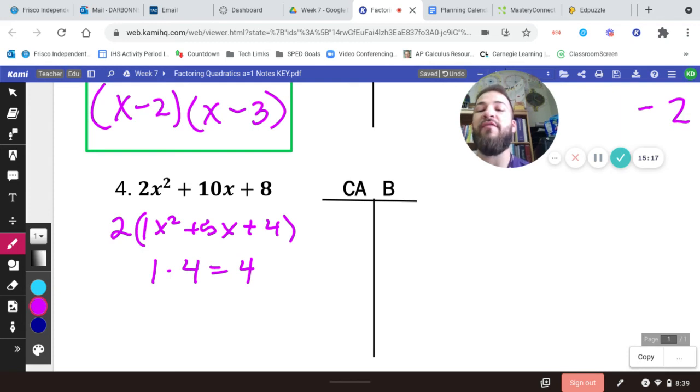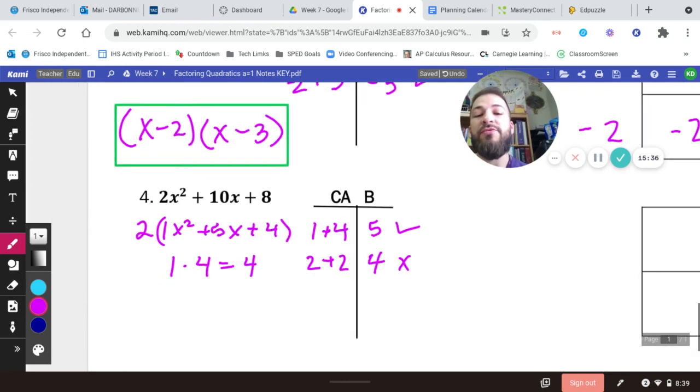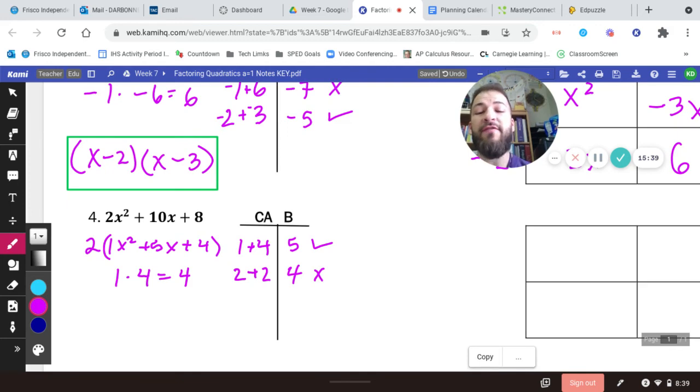So then I want factors of 4, so 1 and 4, and 2 and 2 are my factors that multiply to 4. Then I want to add those factors together to check for B. So 1 plus 4 is 5, 2 plus 2 is 4. 5 matches 5, 4 does not match 5. So we know that our factors are 1 and 4.